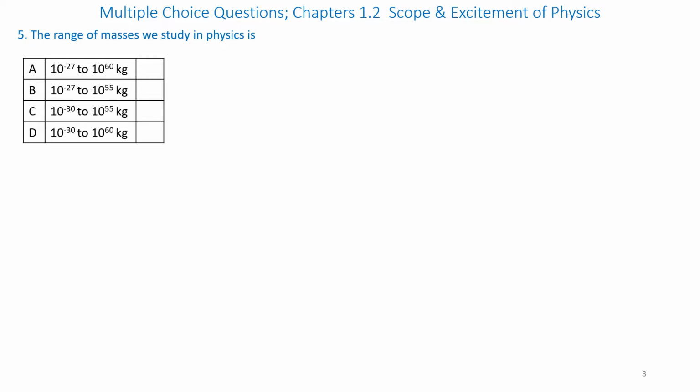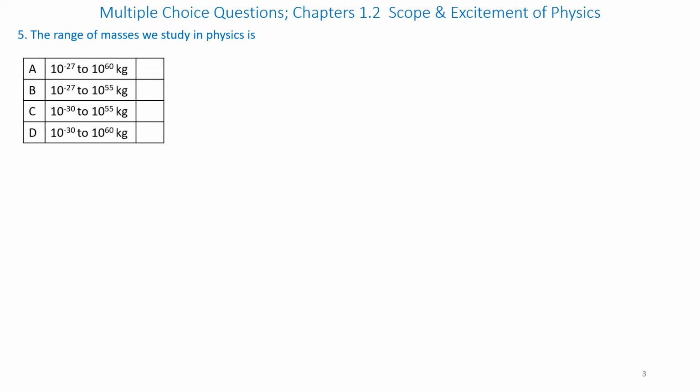Choice B is 10 to the power of minus 27 to 10 to the power of plus 55 kg. And choice C is 10 to the power of minus 30 to 10 to the power of plus 55 kg. And choice D is 10 to the power of minus 30 to 10 to the power of plus 60 kg.